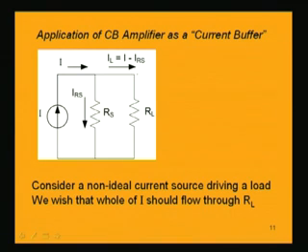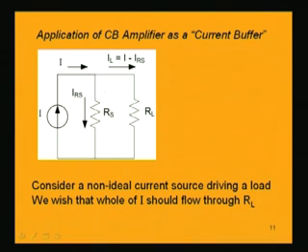A loudspeaker has a very small resistance, maybe 2 ohm, 4 ohm like that, and if this source resistance is not infinity, then the current which will be flowing is I minus I R S.